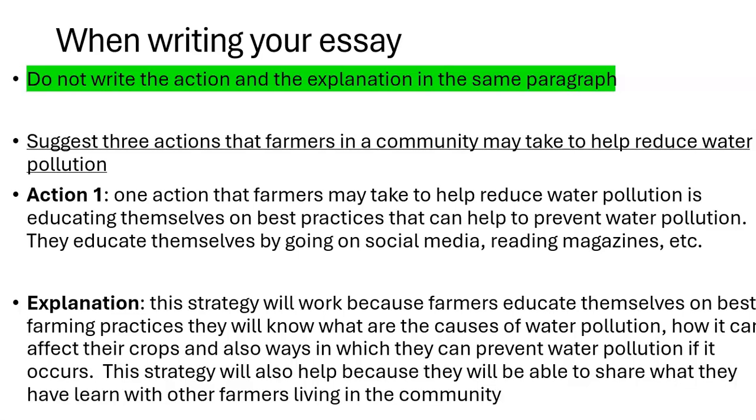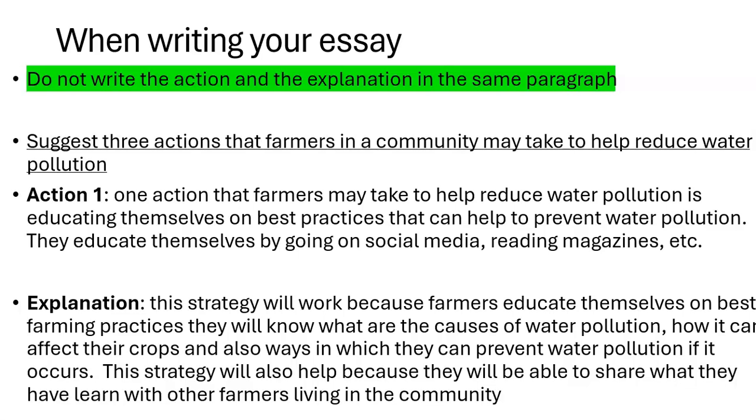One action that farmers may take to help reduce water pollution is educating themselves on best practices that can help to prevent water pollution. They can educate themselves by going on social media, reading magazines, watching television programs about farming, etc. If you notice in this action, look at how I wrote my action.